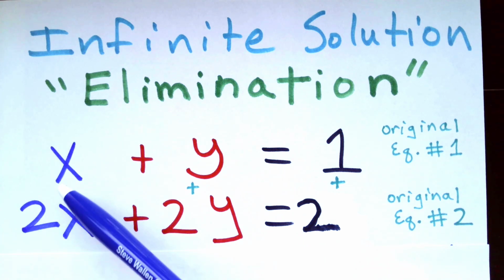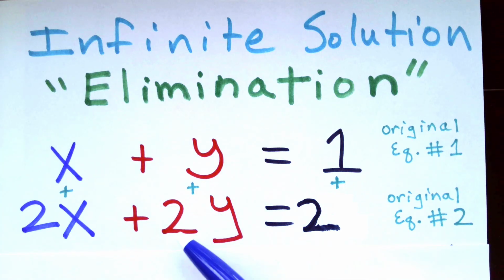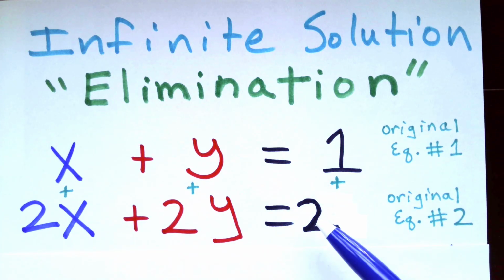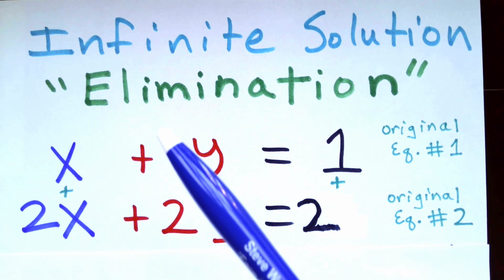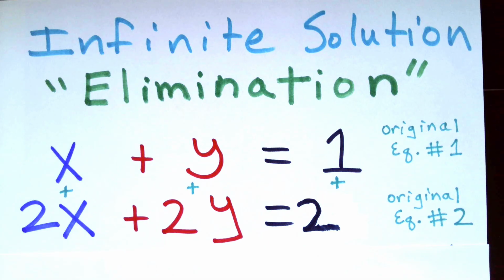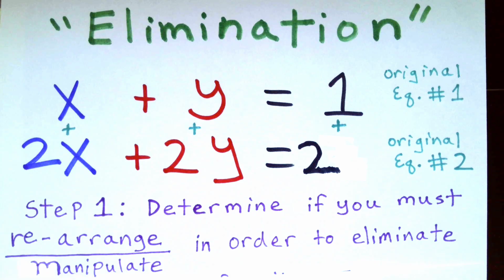Remember, the goal in elimination is you're going to be adding these values between both of those equations, and you're hoping to eliminate either the x's or the y's through that addition process. Sometimes you need to determine if you need to manipulate or rearrange in order to eliminate when you add these like terms.